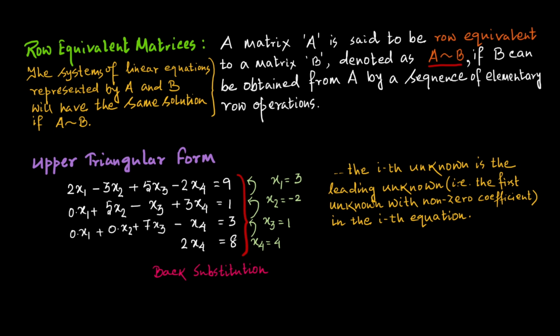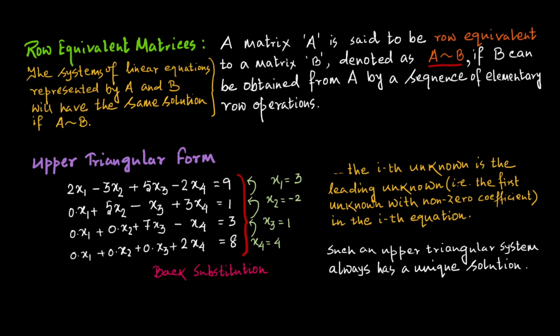And the fourth equation in a similar way you can write as 0 into x1 plus 0 into x2 plus 0 into x3 plus this, making x4 the leading unknown in the fourth equation. So this is a system of linear equations in upper triangular form. Such an upper triangular system always has a unique solution which may be obtained by back substitution.